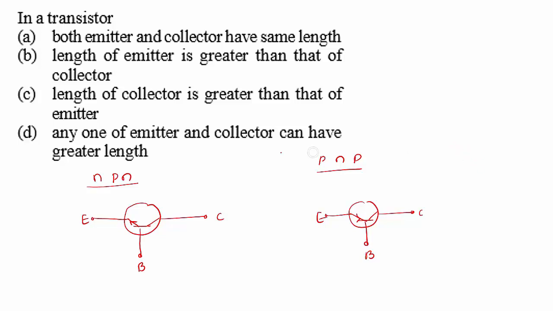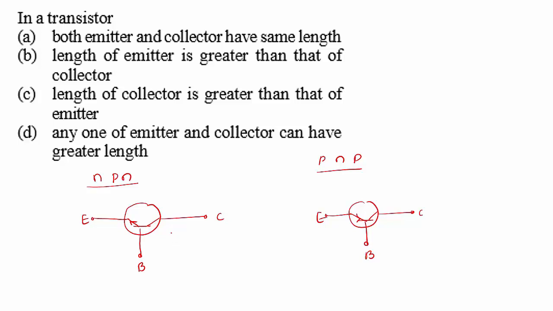Due to the interaction of the charge carriers, the collector region heats up and all the heat is dissipated through this region. So, in order to save the transistor from burning, the collector is always larger than the emitter as well as the base region.